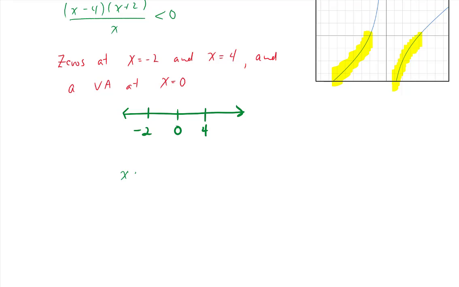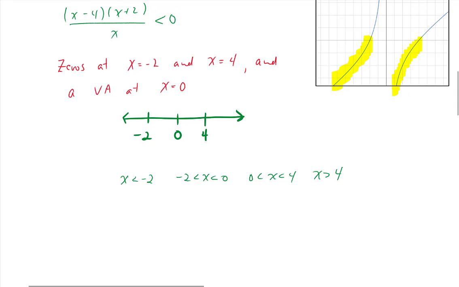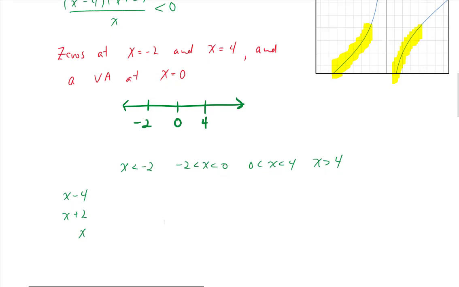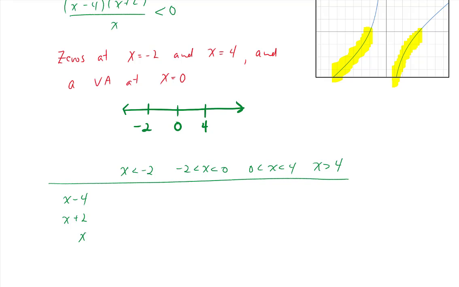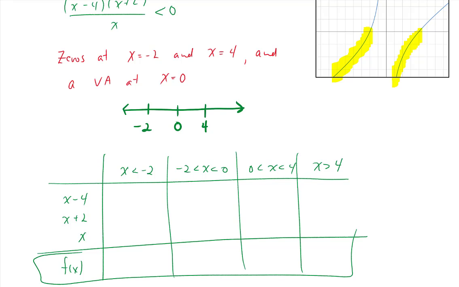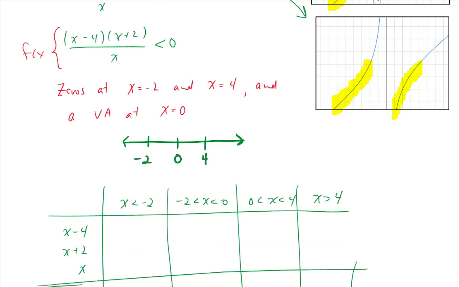So we have x, again, less than negative 2, from negative 2 to 0, from 0 to 4, and for x values greater than 4. Our factors for this inequality are x minus 4, x plus 2, and the x from the denominator. Those three factors define our function f of x. So again, we're going to call this thing here f of x.